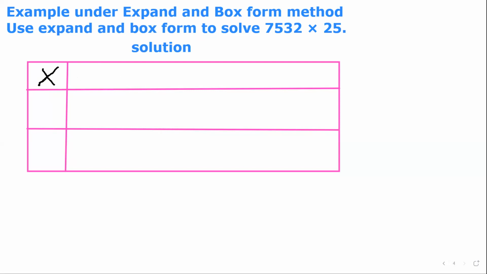So you write the real values of the 7,532. So you first indicate 7, 5, 3, 2 with their positions here. The positions here are the ones, tens, hundreds, and then thousands.